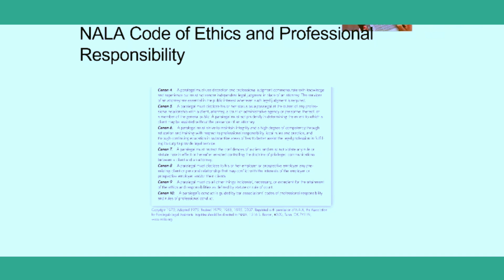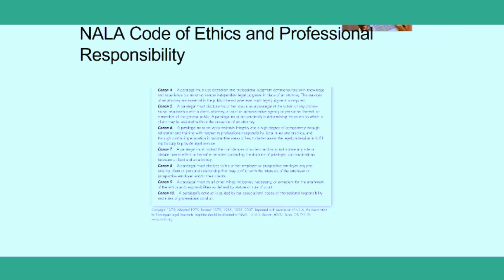And Canon 8, a paralegal must disclose to his or her employer any pre-existing client or personal relationship that may conflict with the interests of the employer. Canon 9, a paralegal must do all other things incidental, necessary, expedient for the attainment of the ethics and responsibilities defined by state law or rule of court.